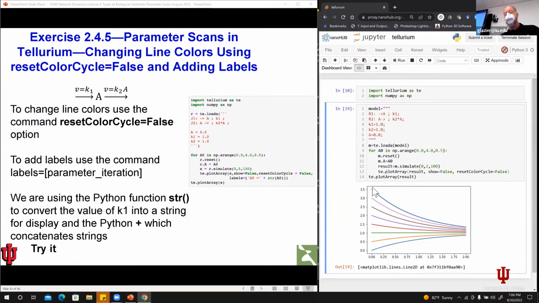Inside my plot, I do labels equals, and then the thing that I want to label that particular iteration of my parameter with, and that has to be in the form of a string. So if I say labels equals A0, it will fail because that's a number. So I have to convert it to a string. Here I have an example, labels equals plus string of A0.